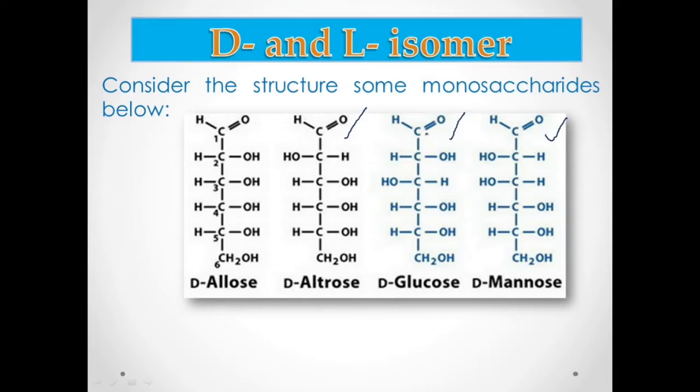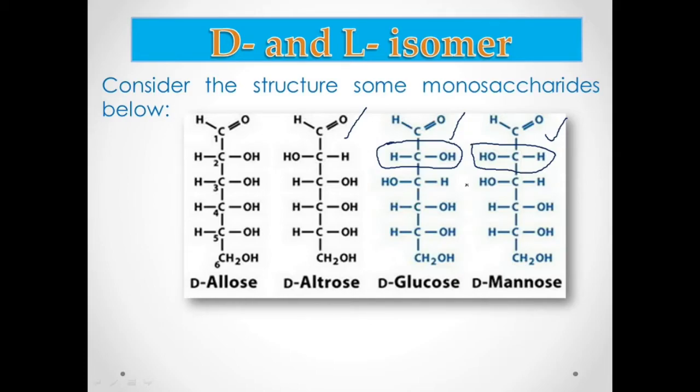Carbon number 1, the same. Carbon number 2, they are different. OH is found on the right in one while on the other it is found on the left. Carbon number 3 is the same. Carbon number 4 is the same. Carbon number 5 is the same. Carbon number 6 is the same. So therefore, D-glucose and D-mannose only differ at one carbon only, or one chiral carbon.